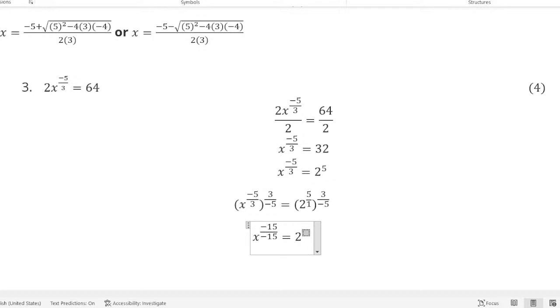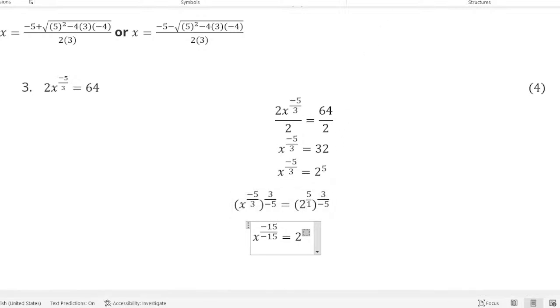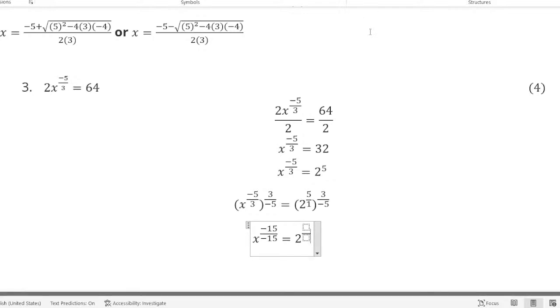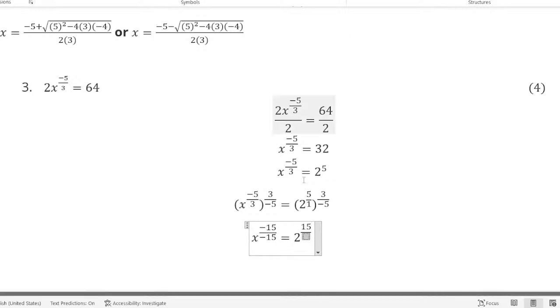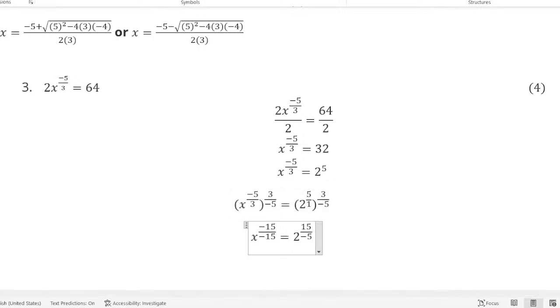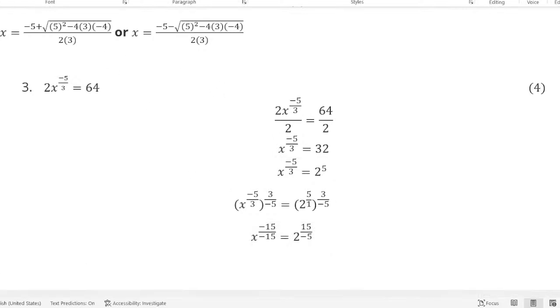Then 5 multiplied by 3, we have positive 15. Then we have 1 multiplied by negative 5, we have negative 5, as the denominator of the exponent. So I hope you are still following.